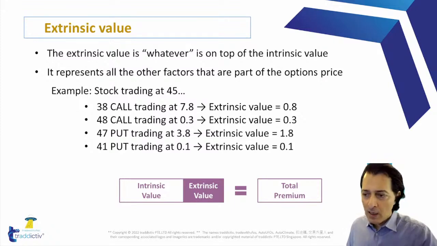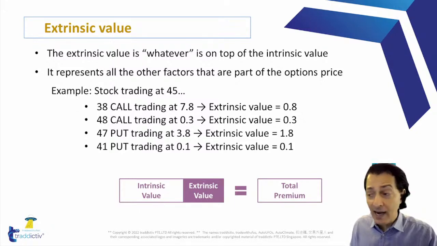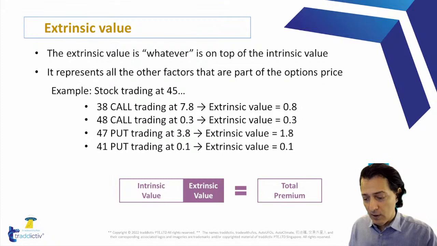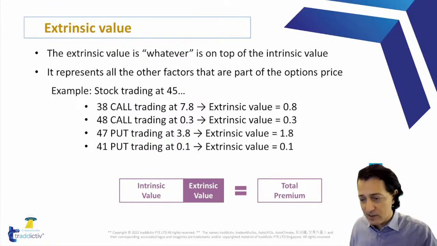Okay, so that's basically what extrinsic value represents. It measures all the other factors. For example, now there is a major conflict in Eastern Europe, as we all know. So obviously this is scaring everybody. Many people are buying a lot of options, for example protection puts, and they buy them below price, which means they have no intrinsic value, but they buy them just in case the stock market falls and crashes very hard.